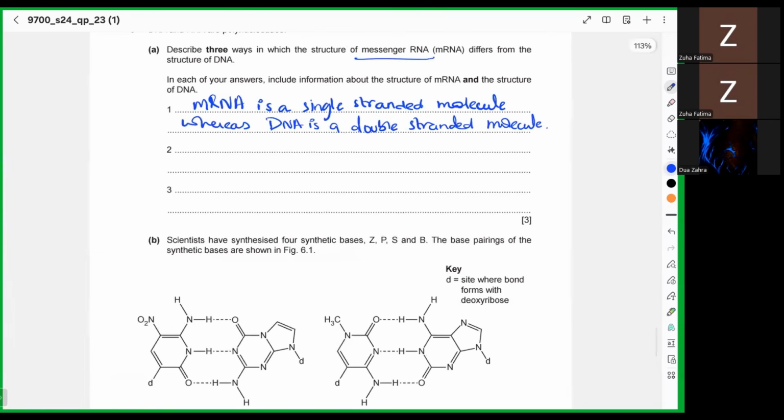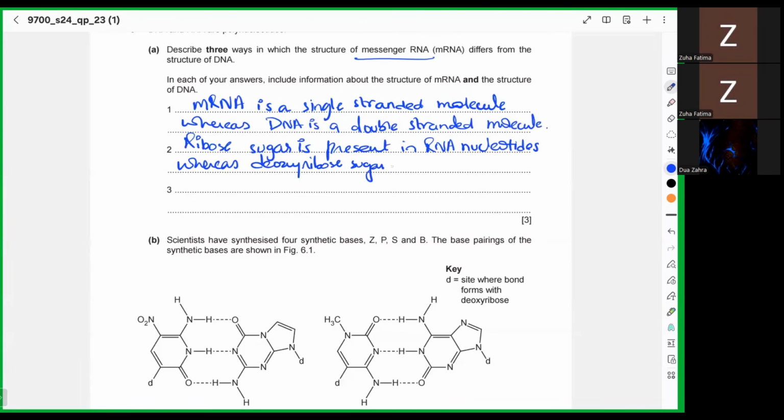Then हमारे पास क्या कहते हैं, ribose sugar is present in RNA nucleotides, whereas deoxyribose sugar is present in DNA nucleotides. फिर हमारे पास क्या कहते हैं?